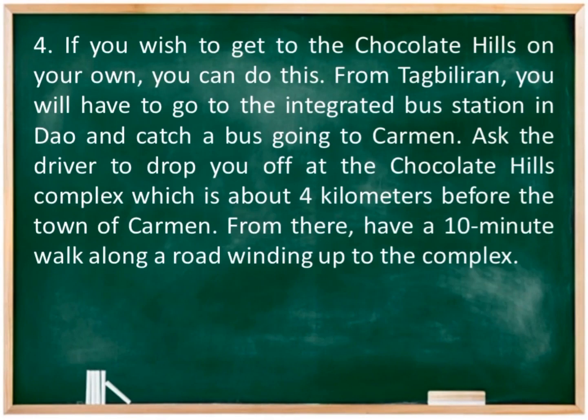Number 4. If you wish to get to the Chocolate Hills on your own, you can do this. From Tagbilaran, you will have to go to the integrated bus station in Dau and catch a bus going to Carmen. Ask the driver to drop you off at the Chocolate Hills complex, which is about 4 kilometers before the town of Carmen.